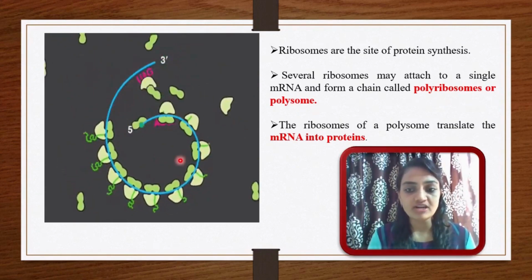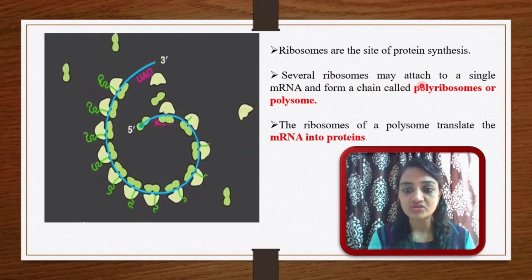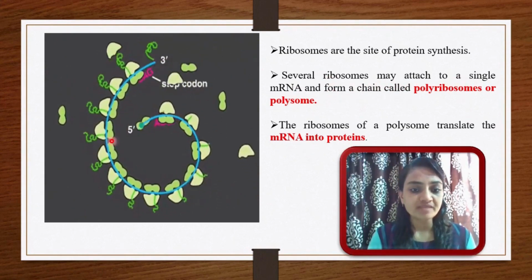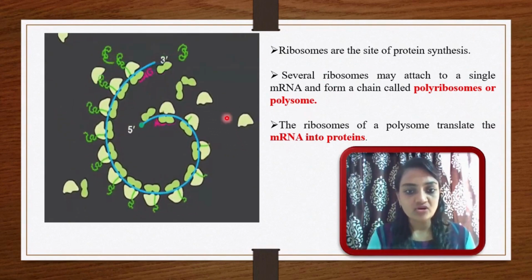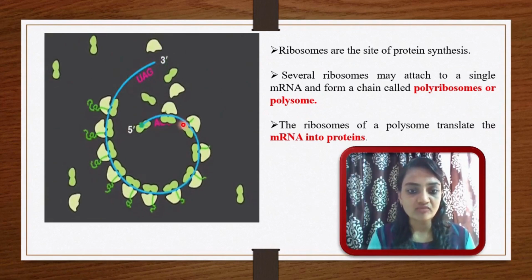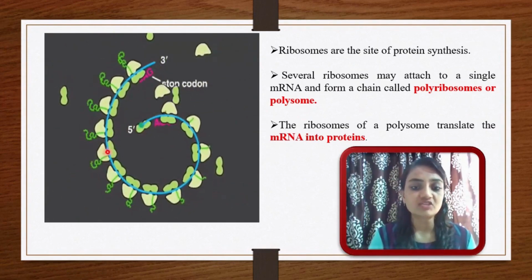Sometimes more than one ribosome will attach to a single mRNA. Here you can see the bluish strand is an mRNA, on which you can see small and large subunits. So many ribosomes are attached on the strand together.